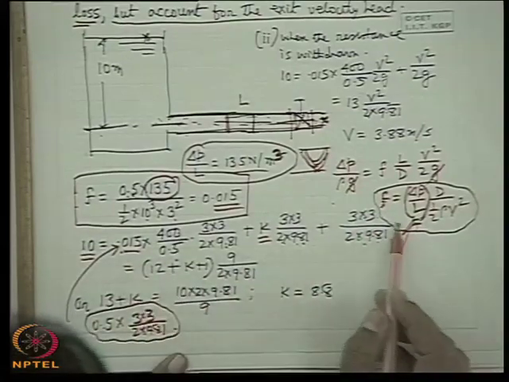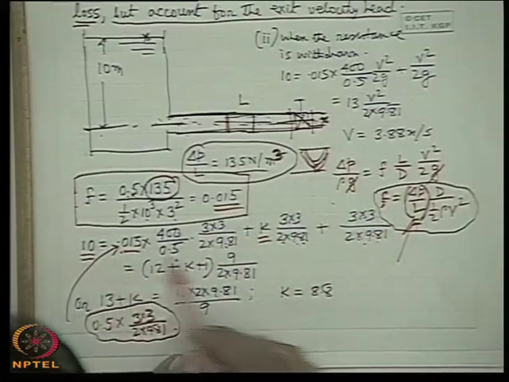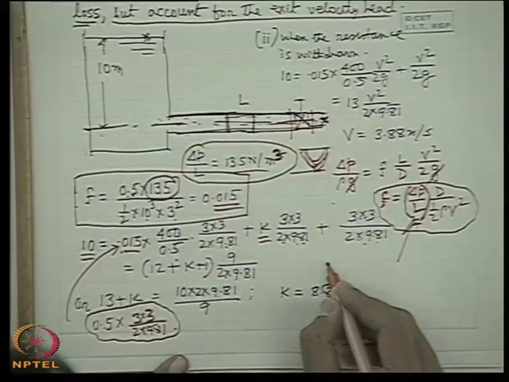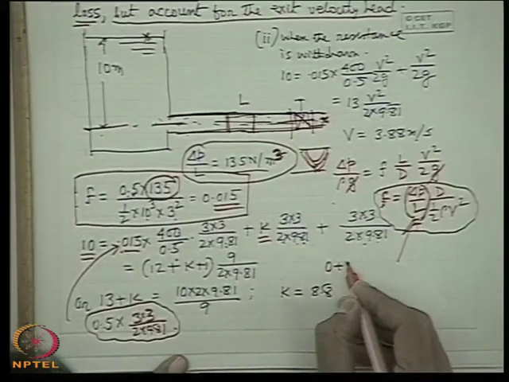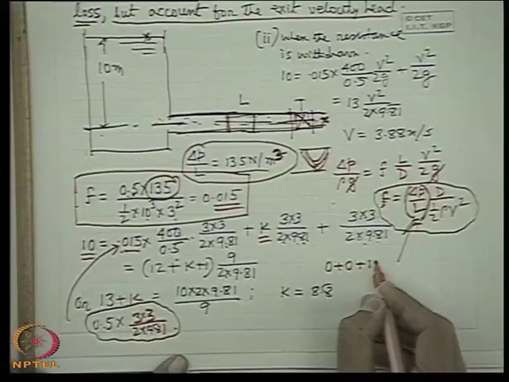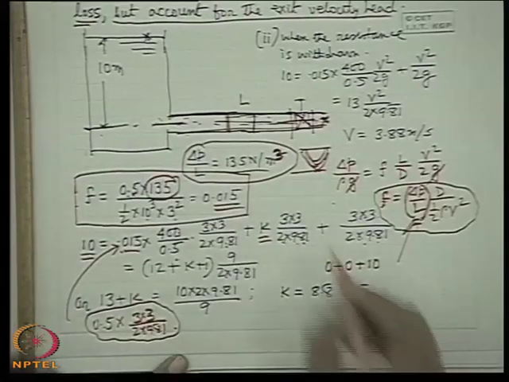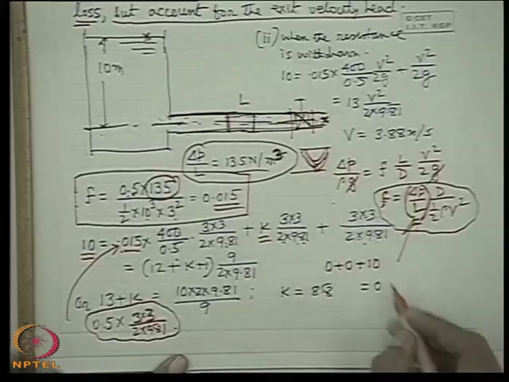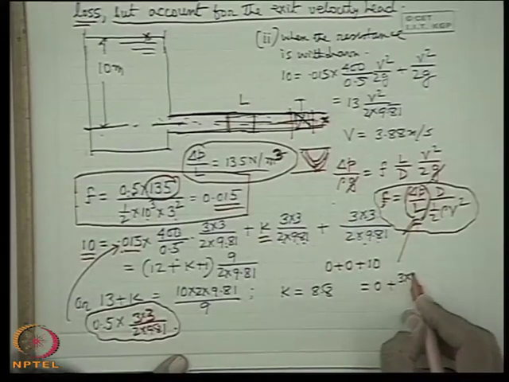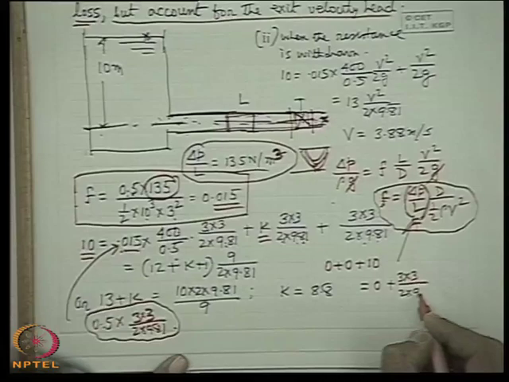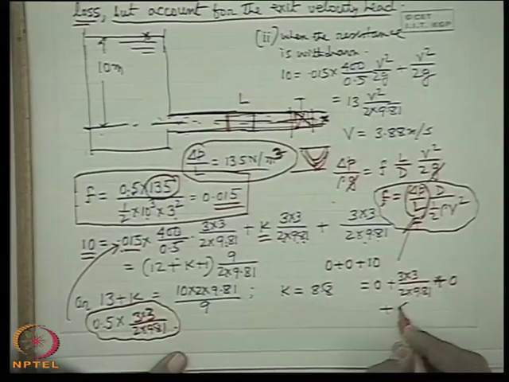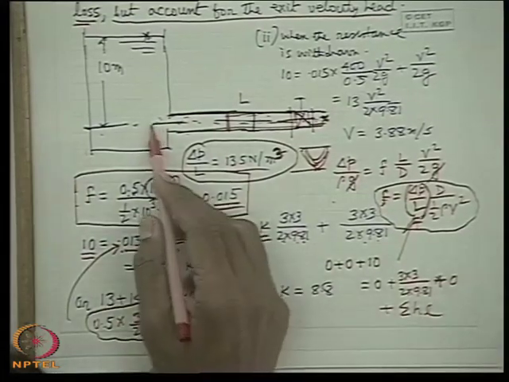This is actually a typical way of writing the friction equation, but if one writes Bernoulli's equation, he will write 0 plus 10, P by rho G equals P by rho G 0, plus V square by 2G, 3 into 3 by 2 into 9.81, plus the datum head 0, plus all the losses encountered in the path.